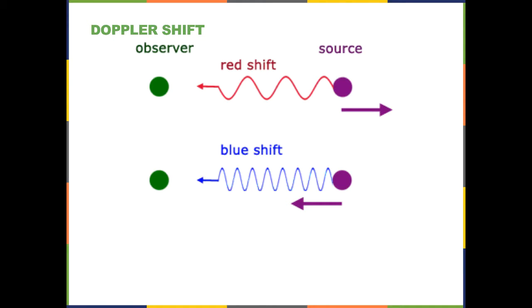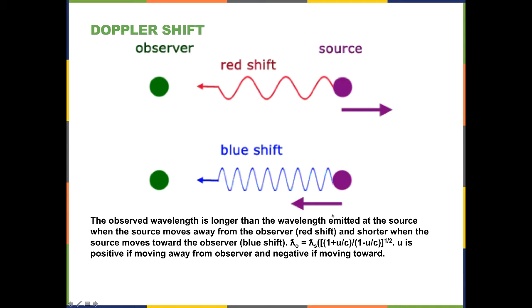Now this has an impact on light, and that impact is called the Doppler shift. And you remember from our discussion in sound, we talked about the Doppler shift. If the source is moving toward the observer, then the wavelength gets shorter and the frequency gets higher. That's called a blue shift. Conversely, if the source is moving away from the observer, then the frequency gets lower and the wavelength gets longer, and that's called a red shift.